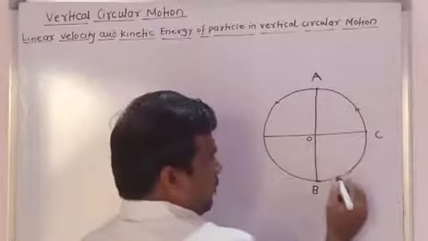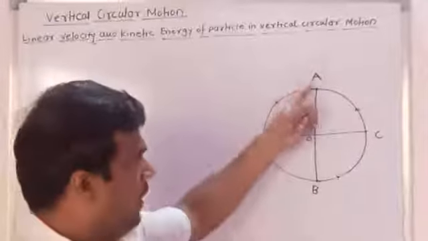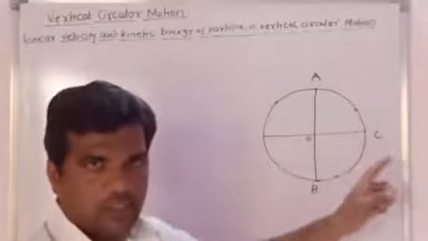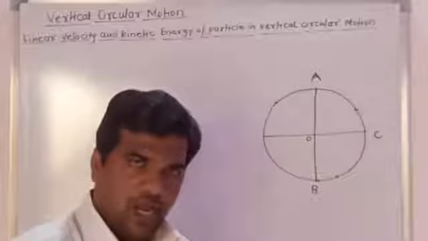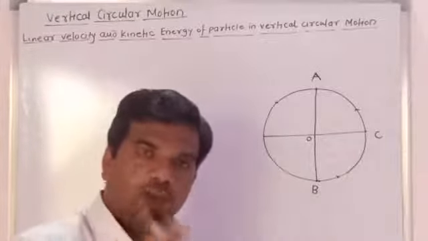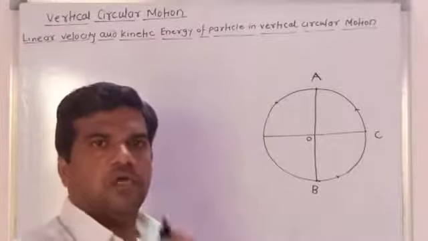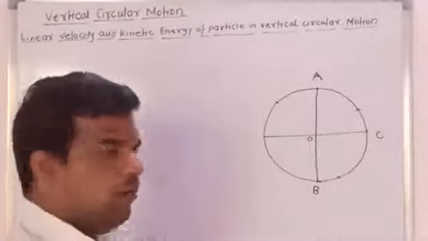Now the particle performing this vertical circular motion possesses different positions, either A, B or C, and the tension acting on the particle at different points is different, but the weight of the particle is constant and always directed in the downward direction.